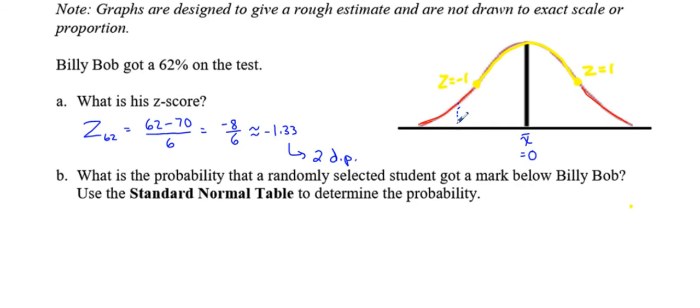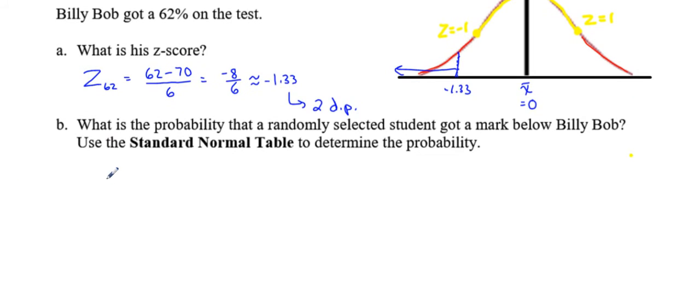That means that your z-score of -1.33 is going to be past that point of inflection, so about there. So we are looking for the probability of somebody's mark being less than that. To start this off, we're going to use our typical let x equal a student's mark.